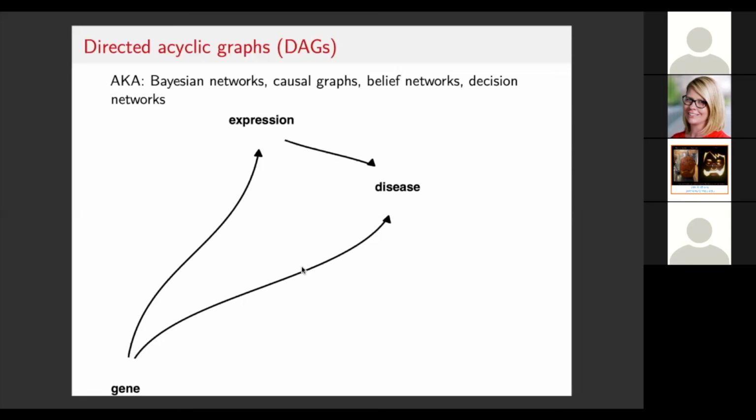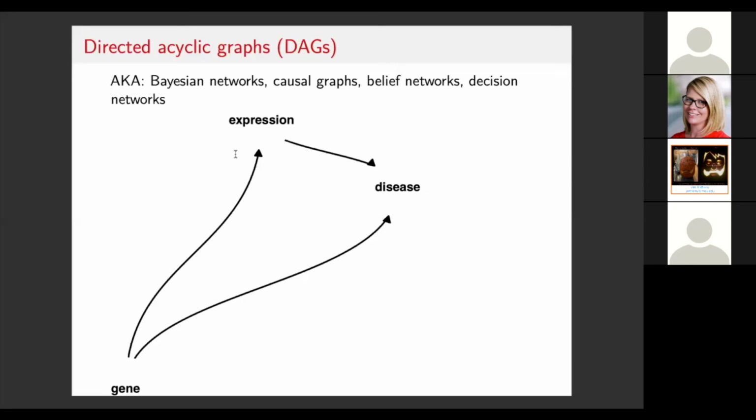So here is a classic example that a lot of eQTL studies will have, at least implicitly, as their framework. There's a gene of interest that you think causes the disease, and you think the action of the gene is in part mediated through the expression of that gene or another gene, which in turn causes the disease.